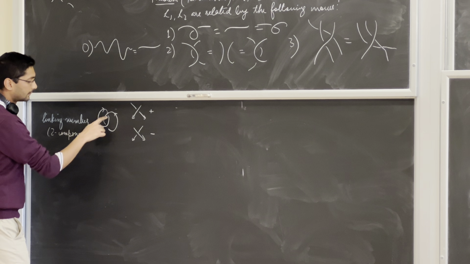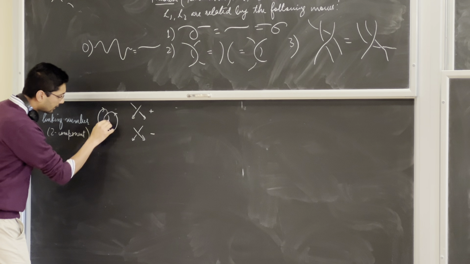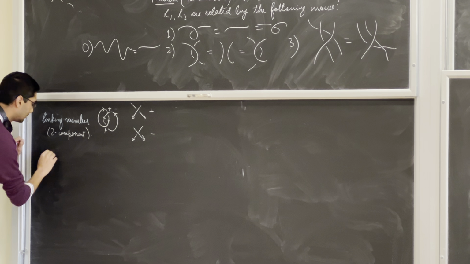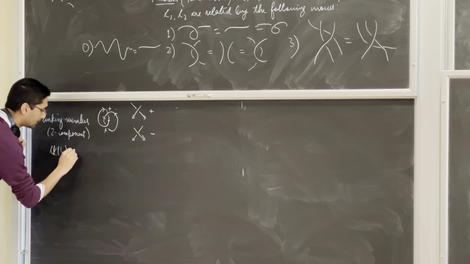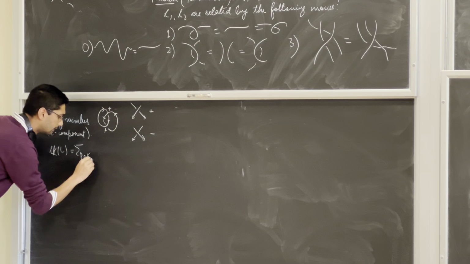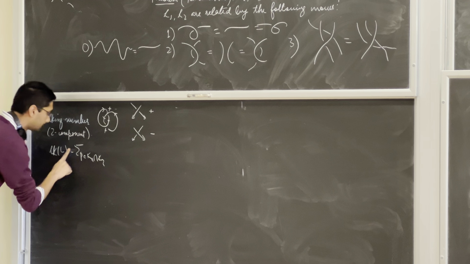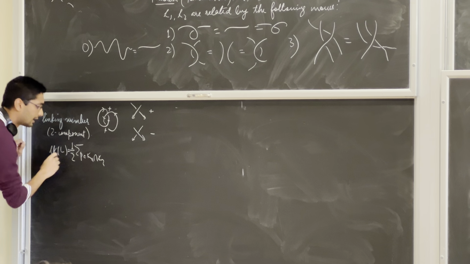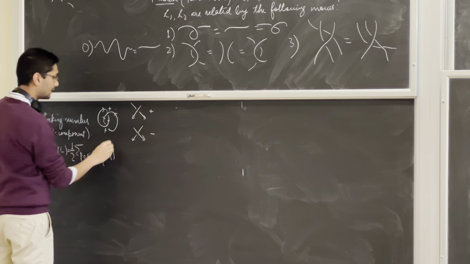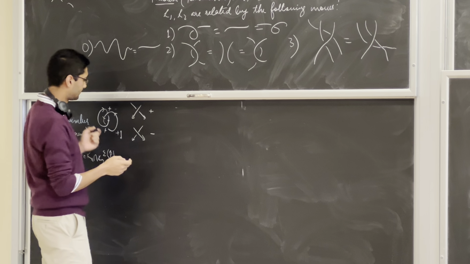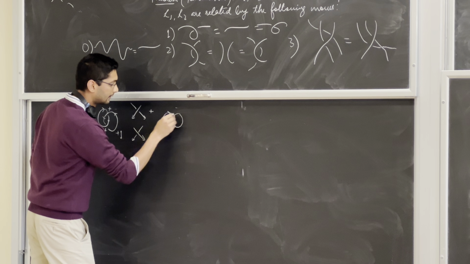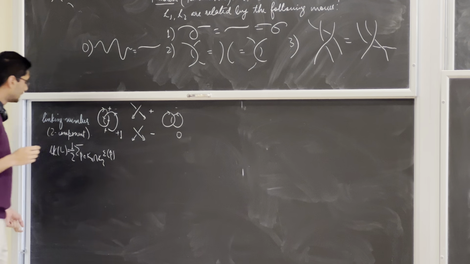So according to this, I see that both of these crossings, if I'm not mistaken, are positive crossings, and the linking number of a link, L, which has two components, is defined as the half of the sum of signs of all crossings. So this would have a linking number of +1. If these were not linked, so for example, like this, then this would have a linking number of 0.